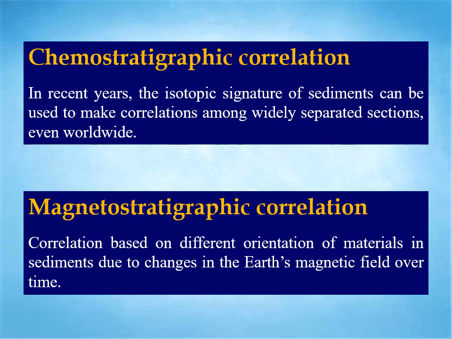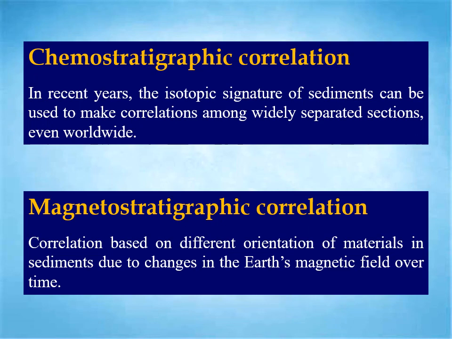But one has to be very conscious that the same kinds of geological processes may repeat. So whether they are age equivalent or not, although their isotopic signatures may be the same, the age may be different. People must be aware of that fact before going for chemostratigraphic correlation. And before going for chemostratigraphic correlation, people have to go through lithologic and biostratigraphic correlation.